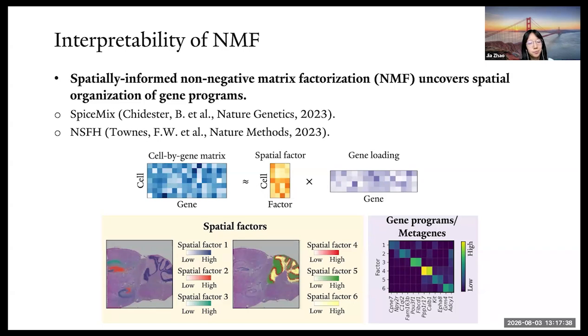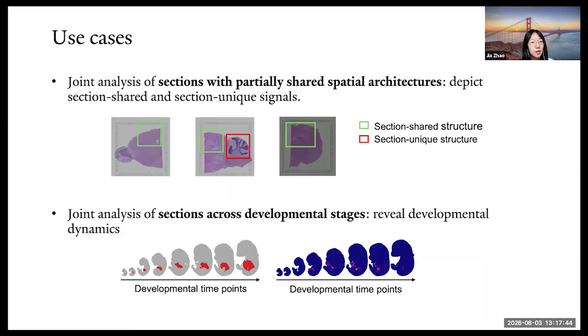Then you can imagine that there are different use cases, like shown in this figure. If you want to get a comprehensive understanding of a very complex organ or tissue, you may need to focus on one axis and get parallel sections along that axis to get multiple sections.